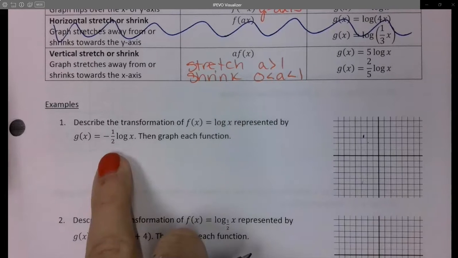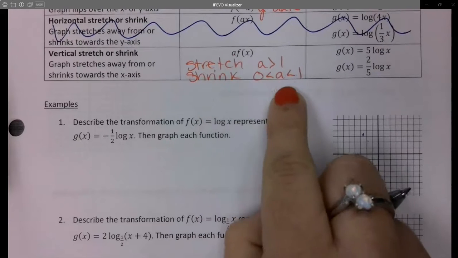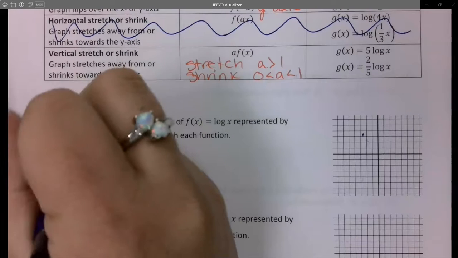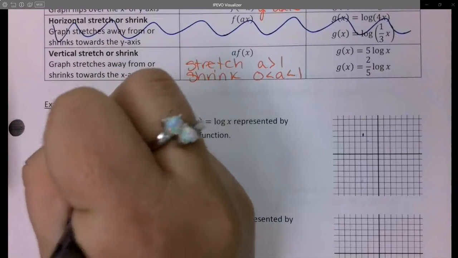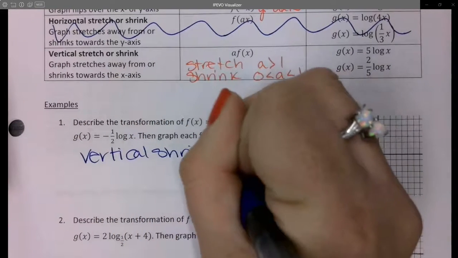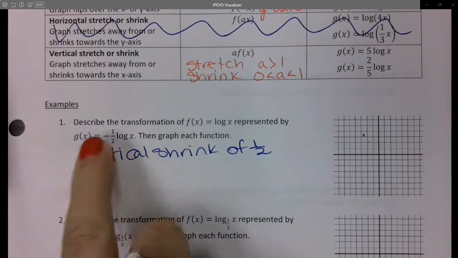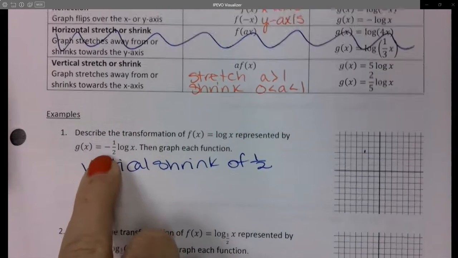So that's a number out front. So this would be a vertical stretch or a shrink. 1/2 is less than 1, so it's going to make it a shrink. And then notice we also have this negative out front.